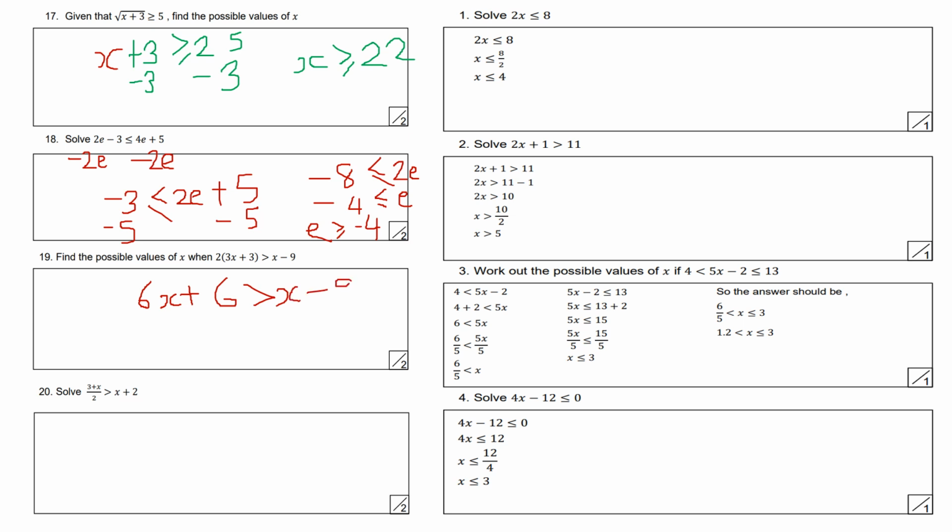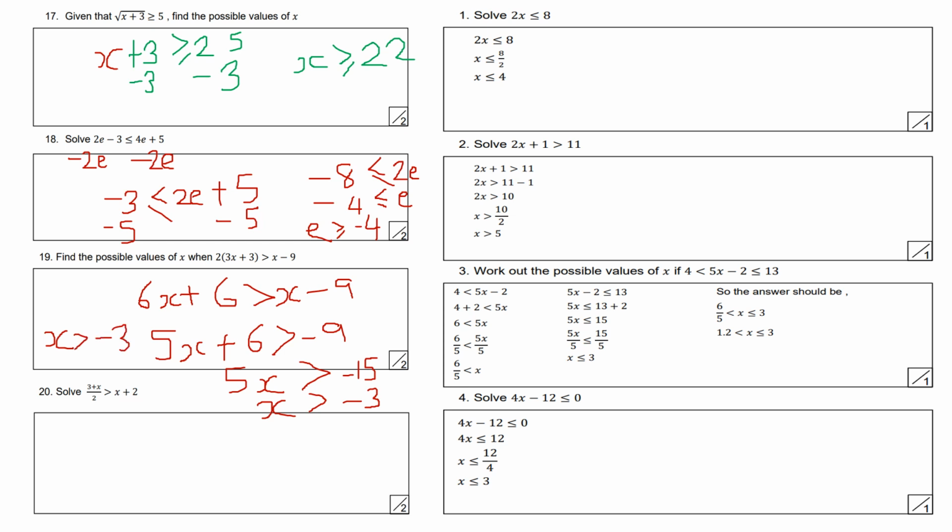Subtract the x on both sides, so I'm going to have 5x plus 6 is greater than negative 9. Subtract the 6 on both sides to balance the inequality. I'm going to get negative 15, and then divide through by the 5, we get that x is greater than minus 3.